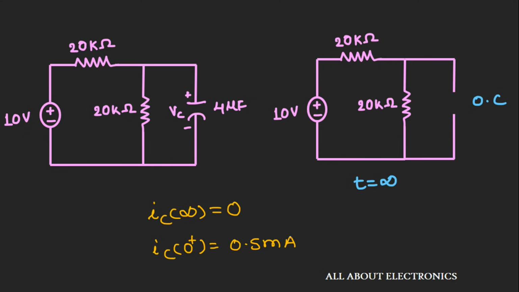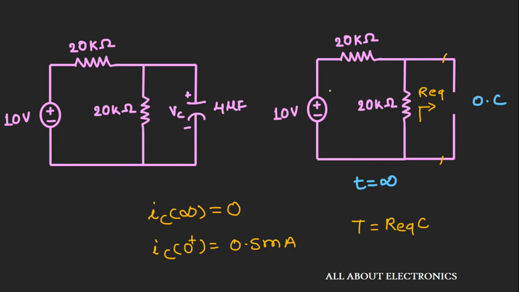So now we need to find the time constant T for the given circuit, which can be given as R equivalent into C. Now here this equivalent resistance is nothing but the Thevenin's equivalent resistance, which can be seen across this capacitor. So R equivalent is the Thevenin's equivalent resistance seen across the capacitor. To find this Thevenin equivalent resistance, we need to remove all the sources connected in the given circuit.